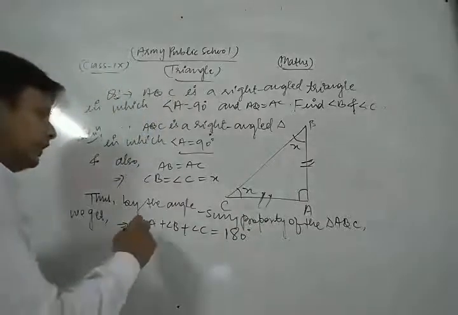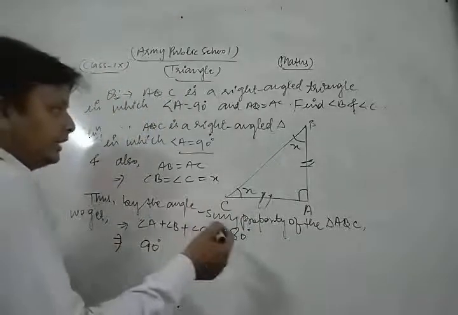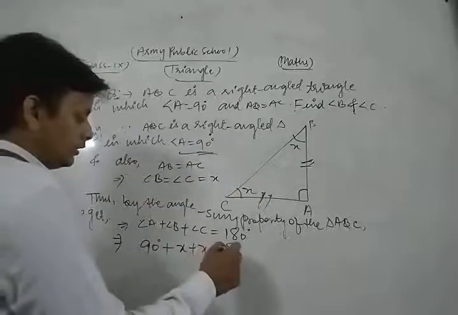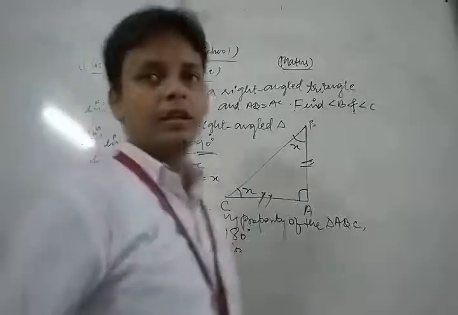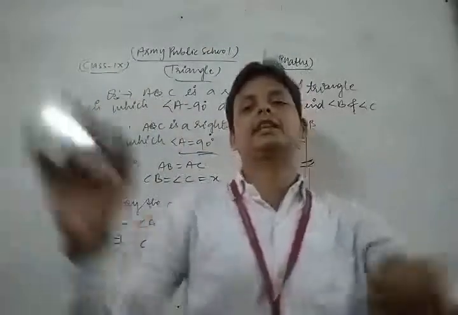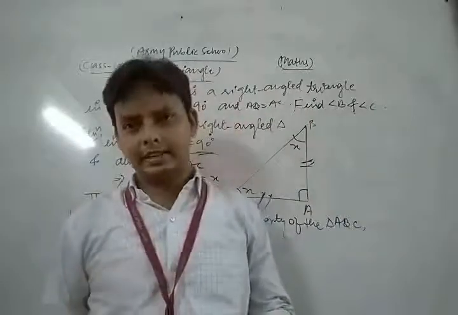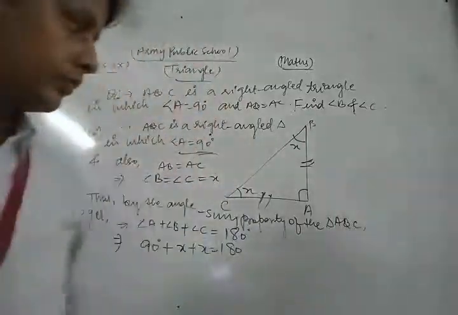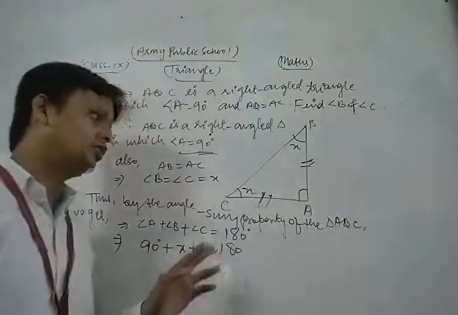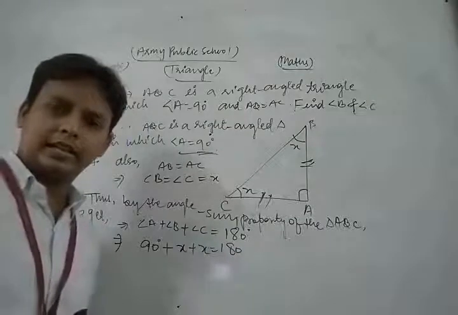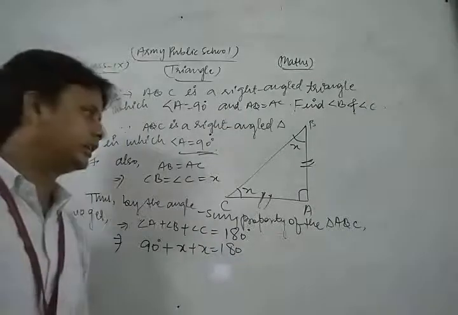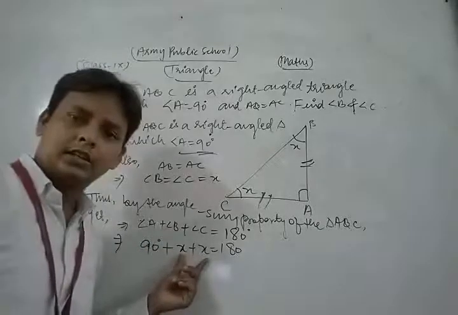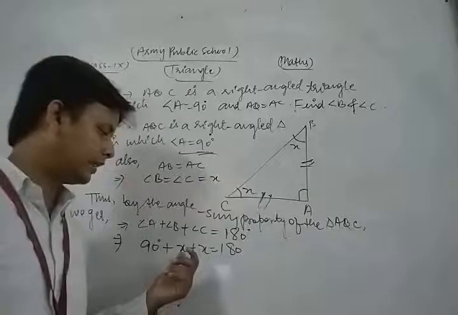Now we put the value of angle A as 90 degrees, because ABC is right angled at A, so angle A is equal to 90 degrees. Angle B is x and angle C is x, so 90 plus x plus x is equal to 180.